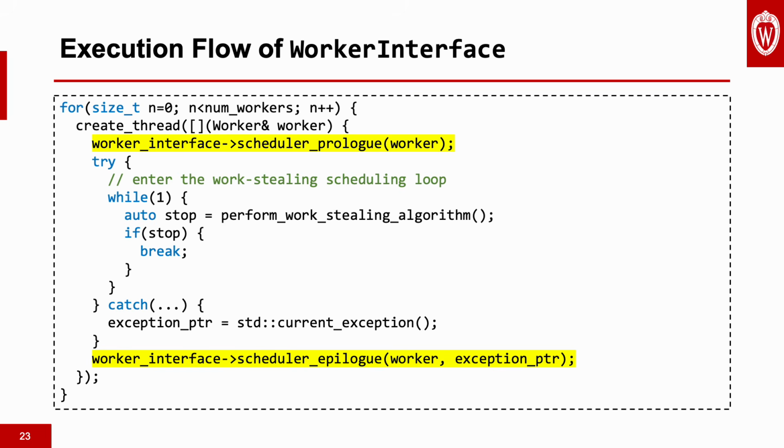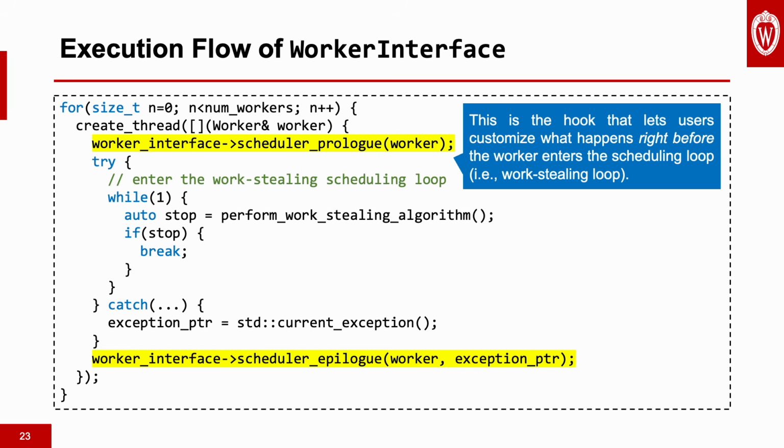This diagram shows a high-level picture of how worker interface fits into the execution flow. When you create an executor, the constructor will start by creating a number of worker threads. For each worker, we spawn a thread and immediately call scheduler prolog. Scheduler prolog is the hook that lets the user customize what happens right before a worker enters the scheduling loop. The entire loop is wrapped in a try-catch block.